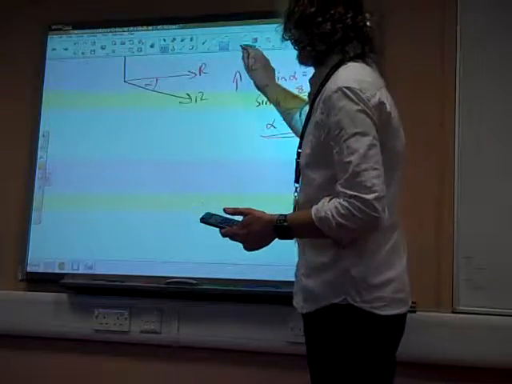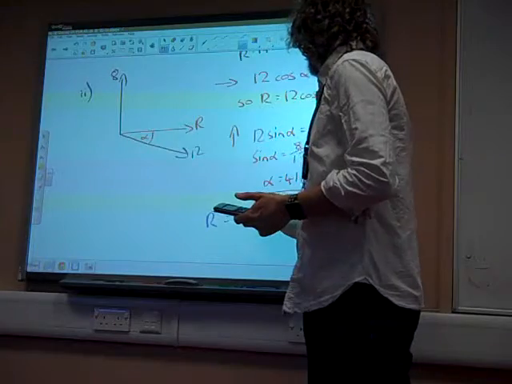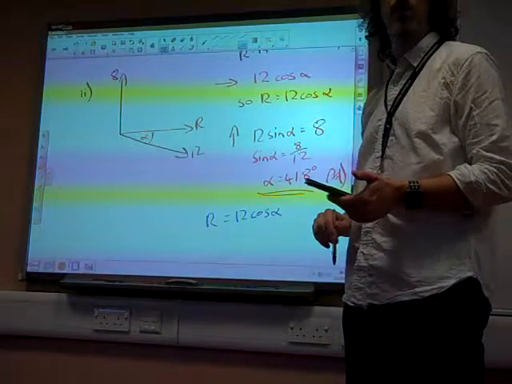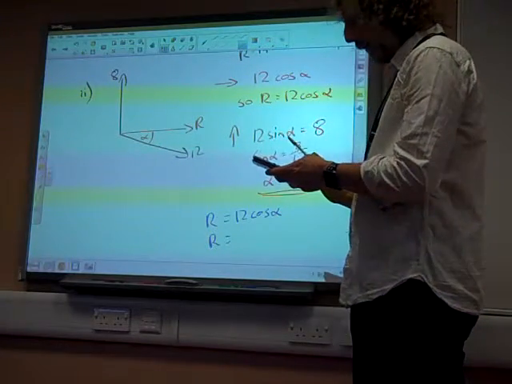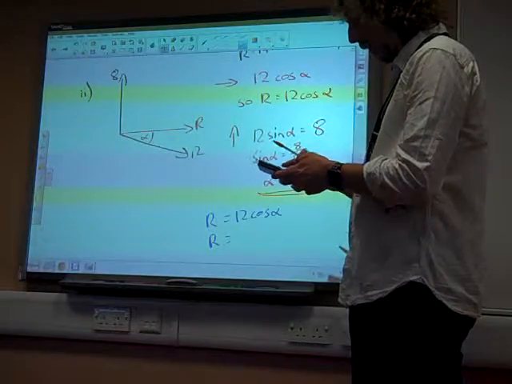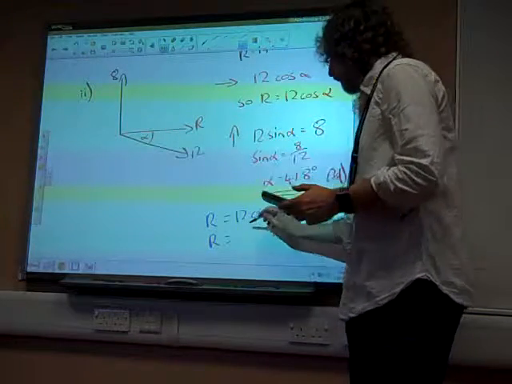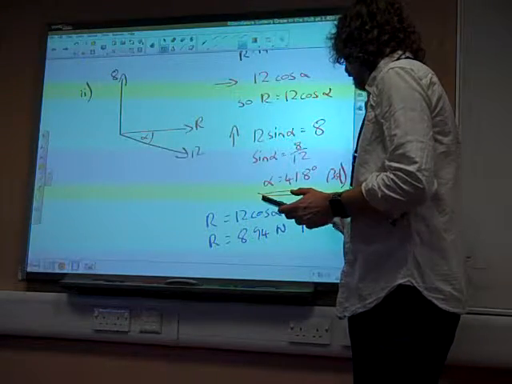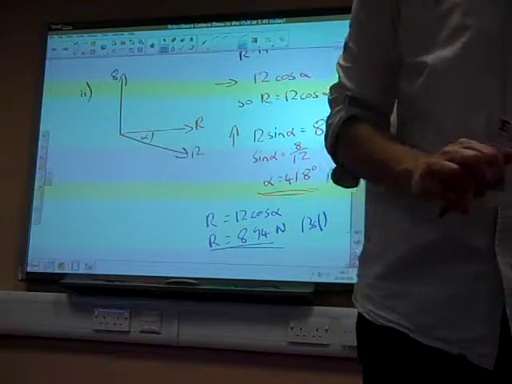We did it in slightly the wrong order, but we've said that R is 12 cos alpha, and 12 cos alpha will be 12 times the cosine of the angle that we just found, which is 8.94 newtons. Again, that's a figure given to 3 significant figures.